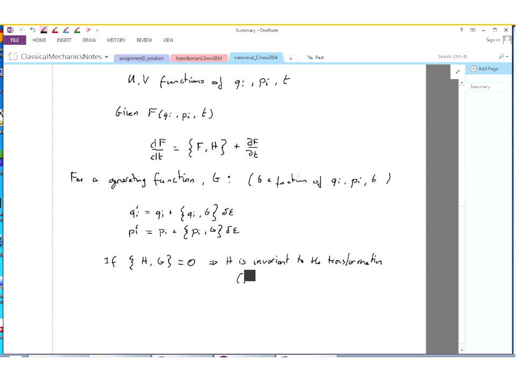So for H to be invariant to the transformation, I mean that H prime equals H. Then we found that G is conserved. And so of course that also means that the Poisson bracket of G with H is equal to 0.